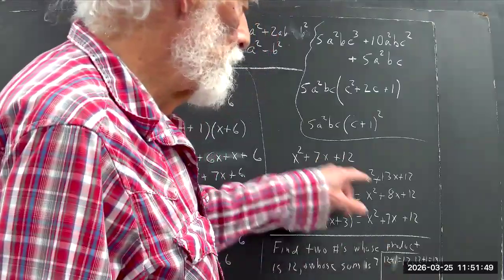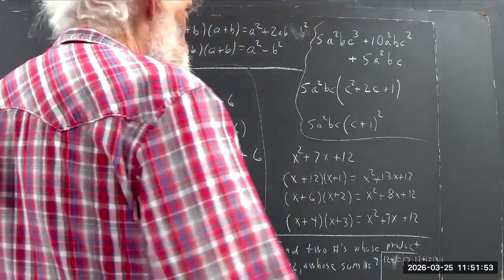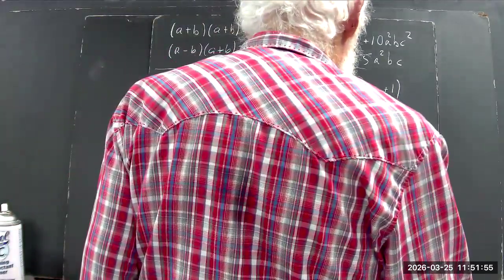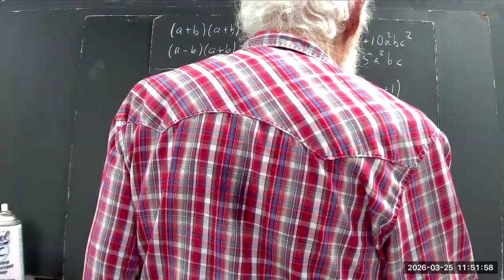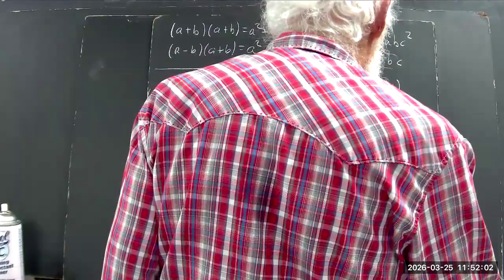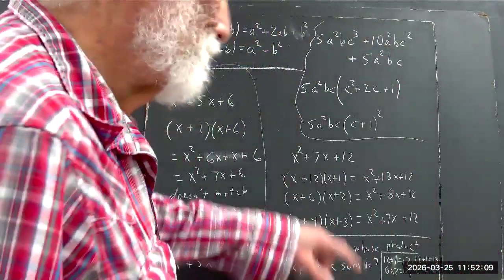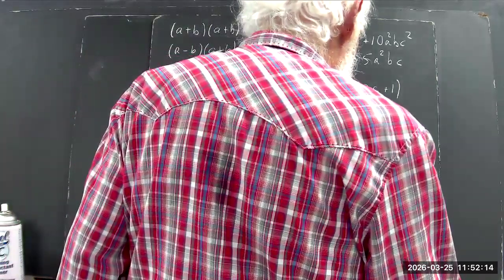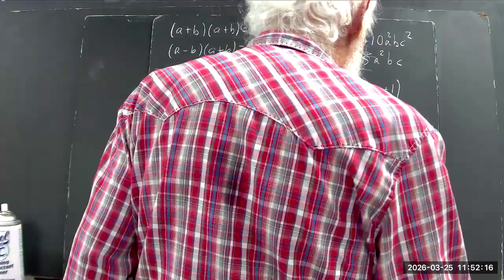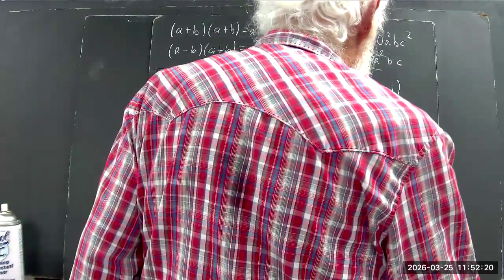The 12 is fine, but the 13 doesn't match the 7. And then we could try 6 times 2 equals 12. 6 plus 2 equals 8. And 8 is not 7. But we're getting close. And then we try 3 times 4, sorry, equals 12.